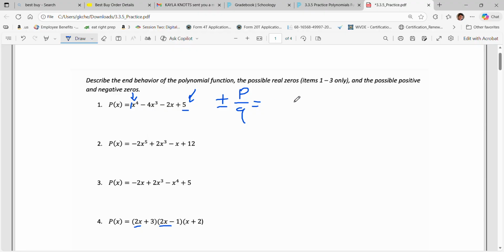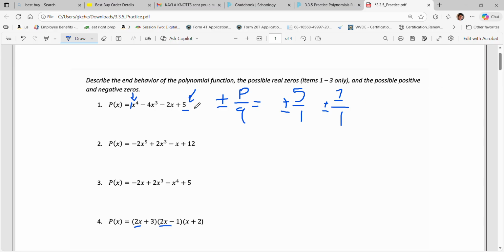So in this case, the plus or minus p over q would be all the factors of 5, which would just be 5 and 1, over all the possible factors of 1, which of course is just 1. So it's 5 over 1 and 1 over 1. You add in the plus or minus, and these are your possible real zeros.